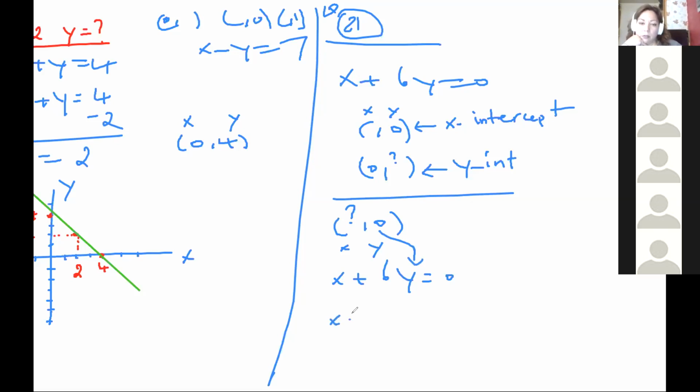So it'll be x plus 6 times 0. This is 0, it's just a comma. We put the 0 there, and then solve this to find the x. This cancels. What is x equal to? 0. That's it. We're going to put 0 here.